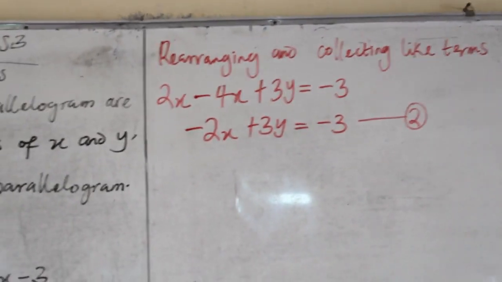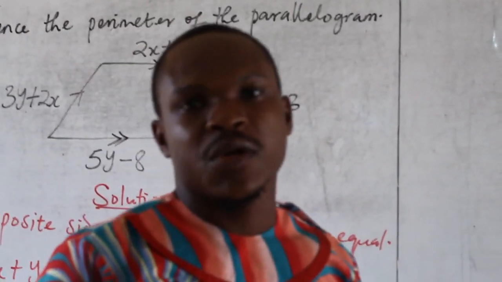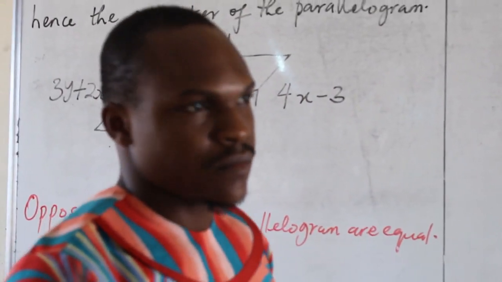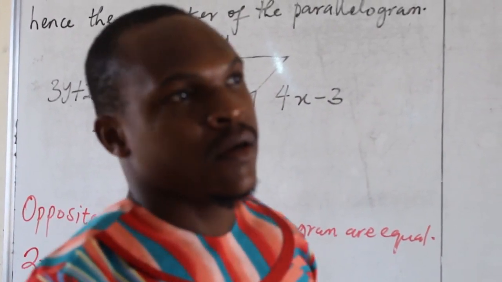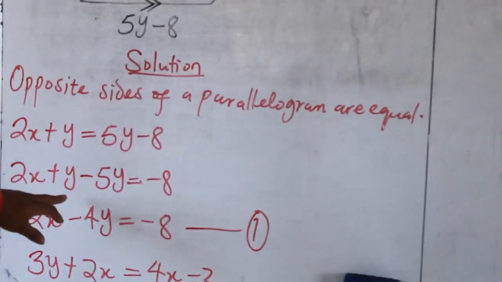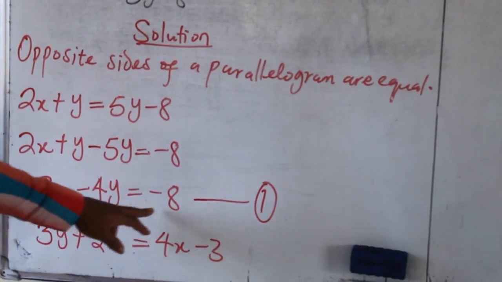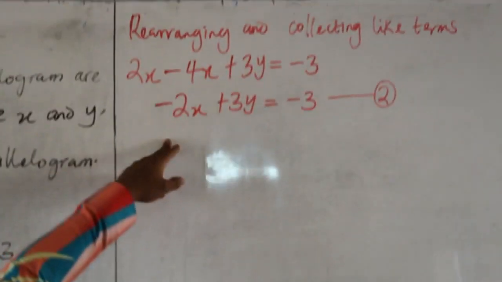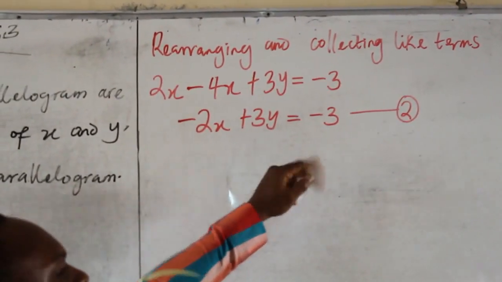So at this point now, we have gotten both equations. We can now solve both equations simultaneously. So as I said earlier, looking at both equations, we have first equation 2x minus 4y is equal to minus 8. And for our second equation, we have minus 2x plus 3y is equal to minus 3.